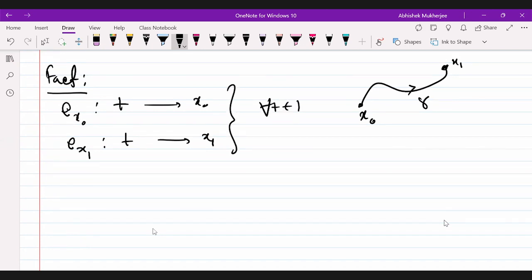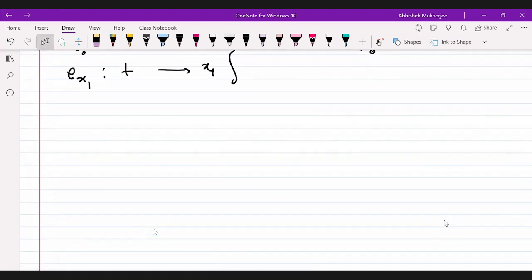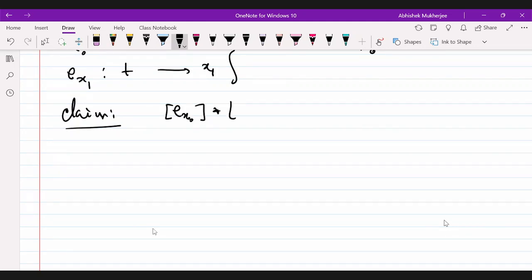Okay. And while making this consideration, now you need to establish the fact, so this will be our claim, that whenever we are starting from x0, this will be the left identity for this path, right?